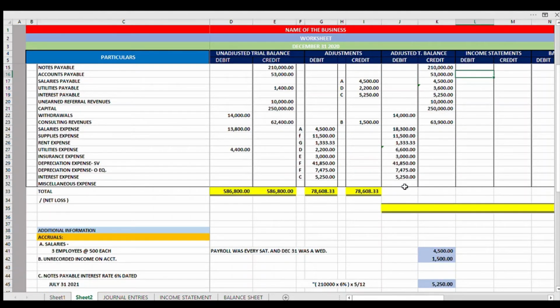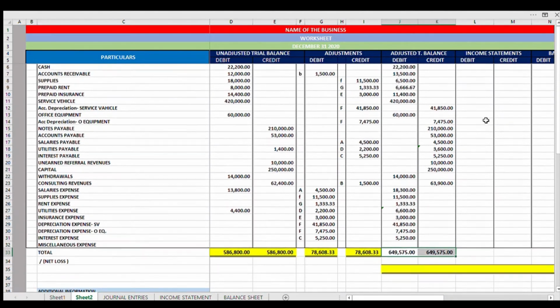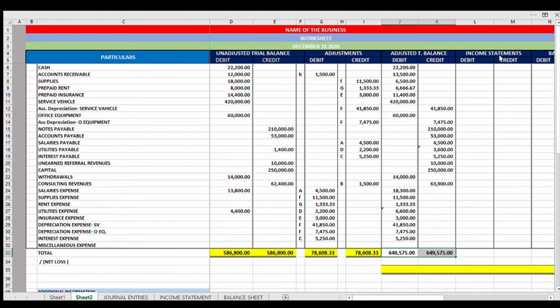So let us check the balances now for the adjusted. The adjusted balance is 649,575, the debit and the credit, after extending all the adjusted balances, after reflecting all the adjustments.